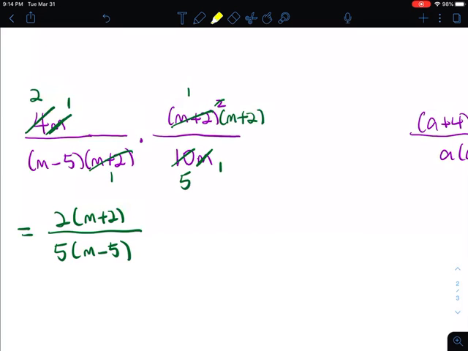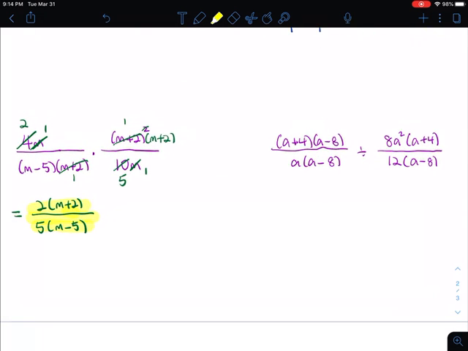And again, it's very important that we cannot cancel out those m's because they're not terms by themselves. They're part of larger terms, right? So this is really m plus 2, and this is really m minus 5. So those m's are not separate. They're together with something else. They're both binomials, so those we actually cannot cancel. And this is going to be our final simplified expression.